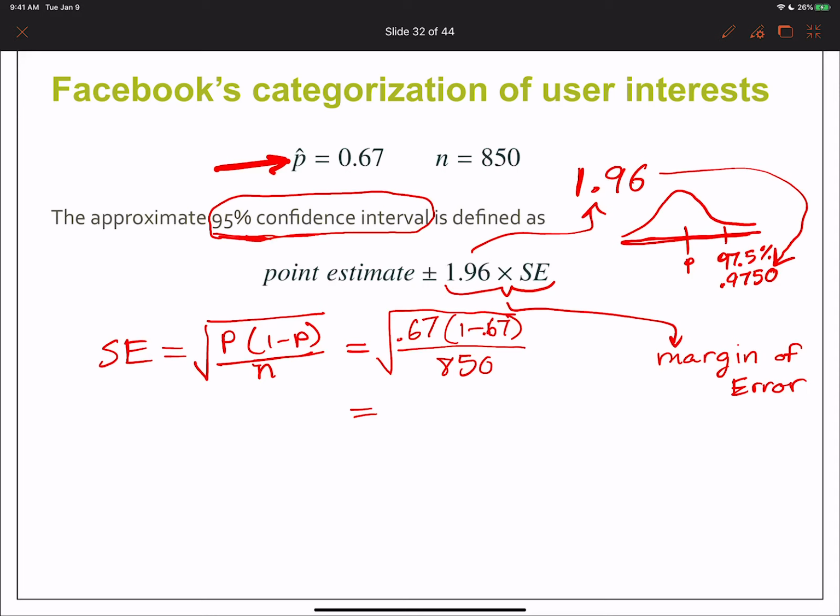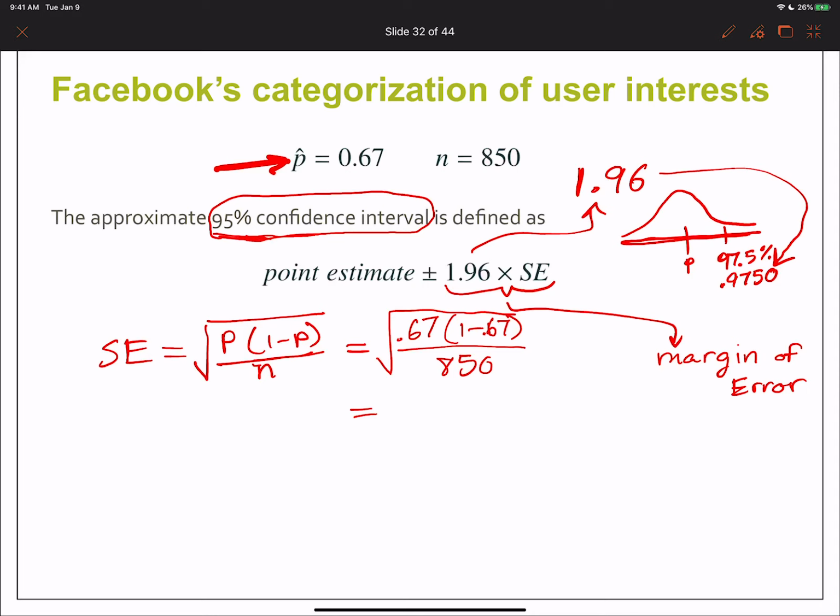So we're going to do 0.67 times 1 minus 0.67 equals that. Then I'm going to divide it by 850, and I get that number. And then I'm going to do the square root of that number. Shift square root.